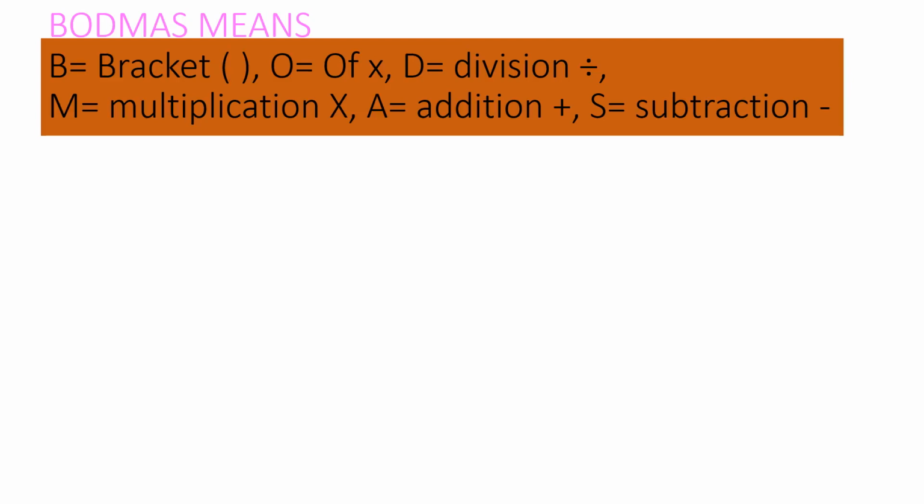The fourth is multiplication. The fifth is addition. And the last one is subtraction. So we solve problems involving more than two operations following BODMAS, to know which operation comes first.